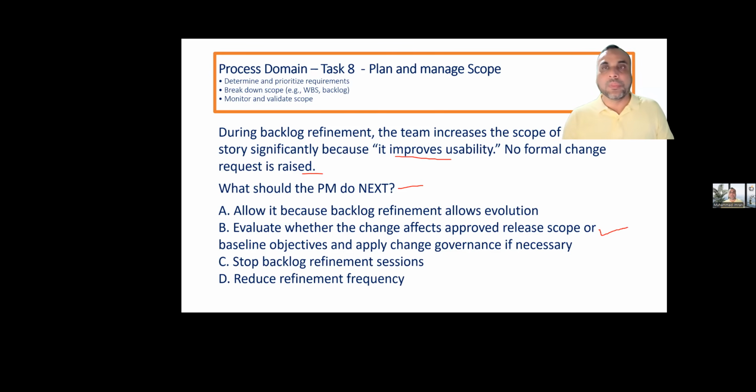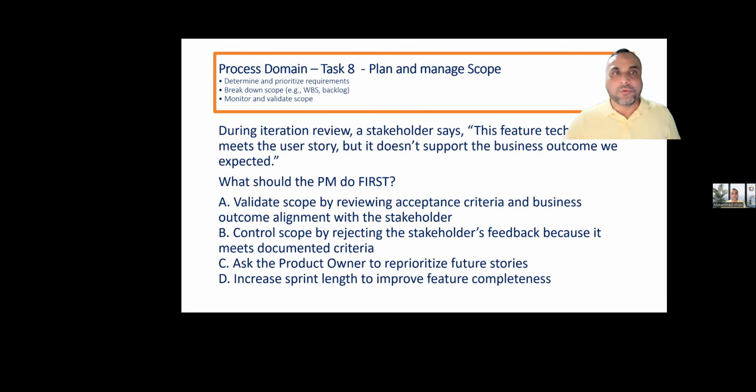Very good. Next, during iteration review, a stakeholder says this feature technically meets the user story, but it does not support the business outcome we expected. What should the PM do first? Validate scope by reviewing acceptance criteria and business outcome alignment with the stakeholders. Control scope by rejecting the stakeholders' feedback.